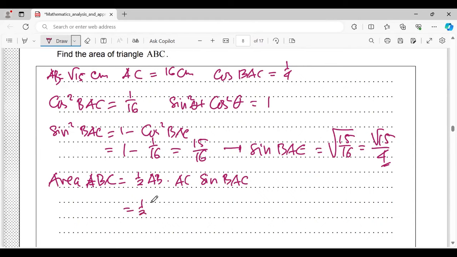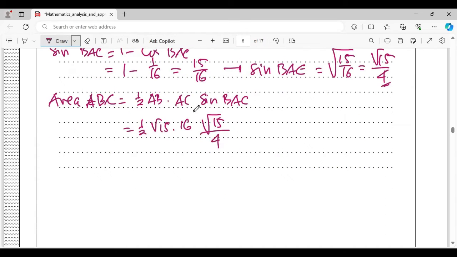Half times square root 15 times 16 times sine BAC, which is square root 15 over 4. Divided, it becomes 4. So it is half times 15 times 4, or it is 30 centimeters squared.